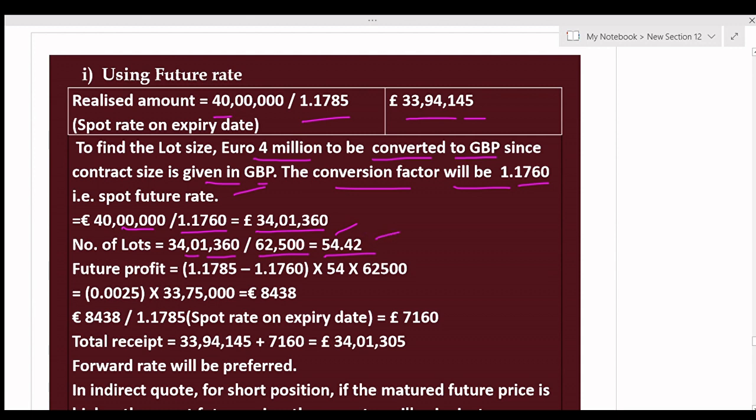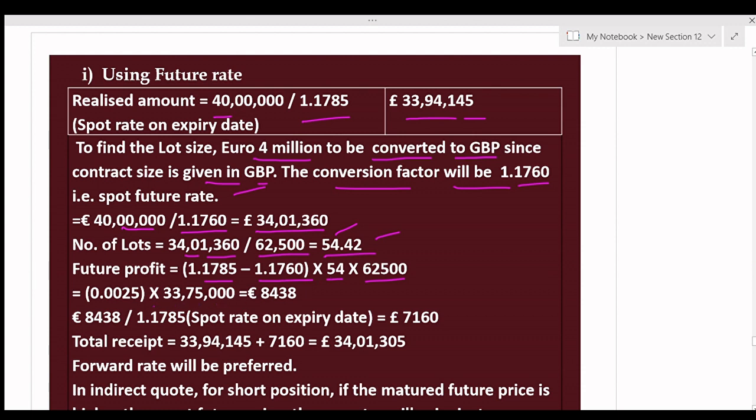Future profit will be 1.1785, that is the future rate on expiry date, minus 1.1760, that is the spot future rate, multiplied with 54 lots, multiplied with the contract size or lot size. Contract size is 62,500.